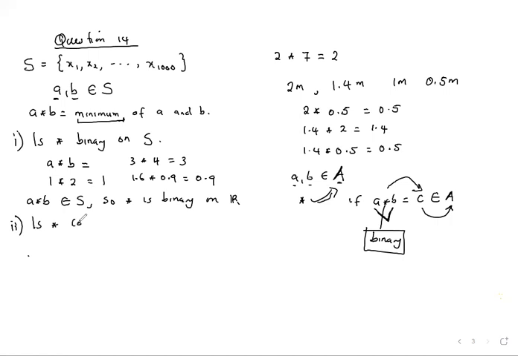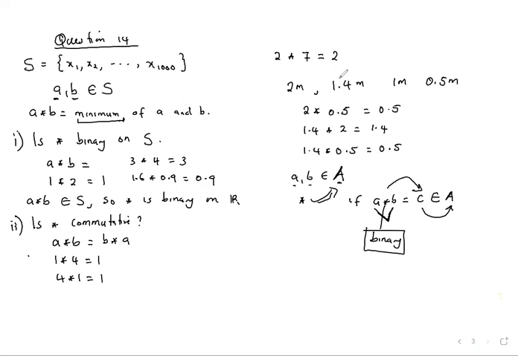Part 2: is star commutative? To be commutative, A star B should be equal to B star A. Then you say star is commutative. Now look at this. 1 star 4 is equal to 1. 4 star 1 is equal to 1.